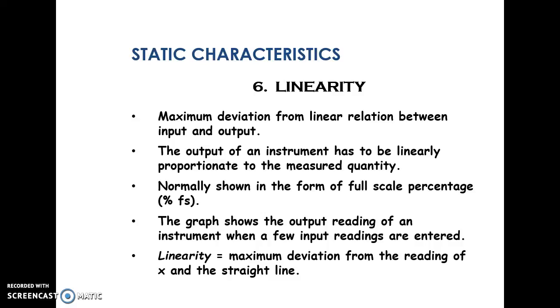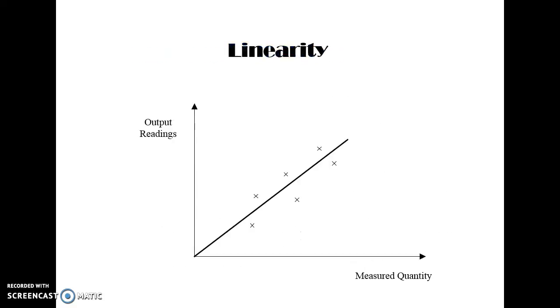The graph shows the output reading of an instrument when a few input readings are entered. So linearity is the maximum deviation from the reading and the straight line. So here you can see the measured quantity and the output reading. It should be linear.